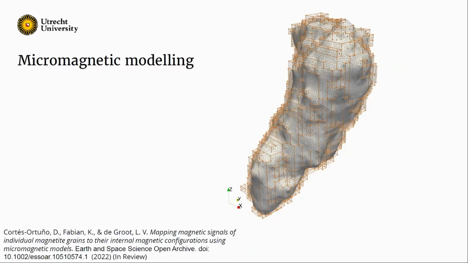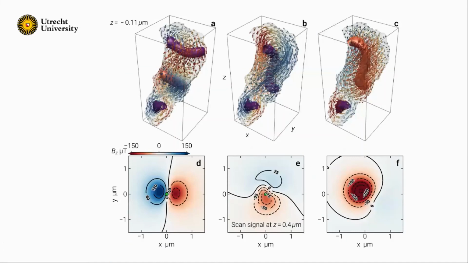This work is currently submitted. For example, for this grain from a synthetic sample, we can obtain different states that it can possibly be. We simulate this with the micromagnetic software, and each one of these states produces a different magnetic signal.